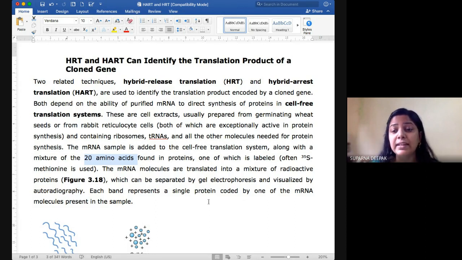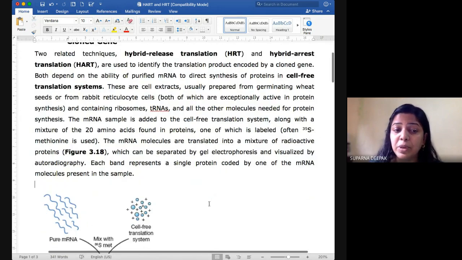The whole set of proteins synthesized at that particular time in the recombinant cell will have their corresponding mRNAs present in the sample, and those mRNAs would be translated in vitro into all the proteins using this cell-free translation system.